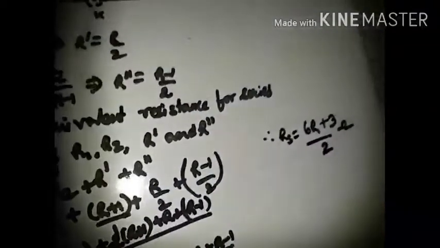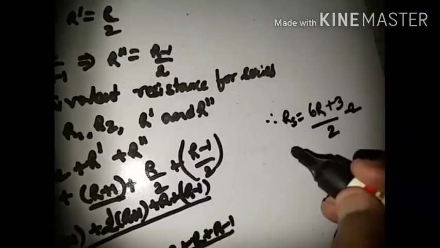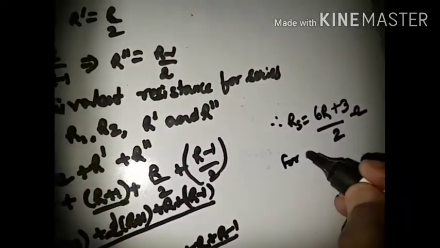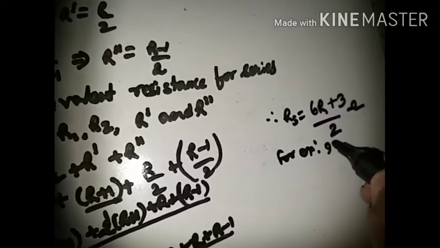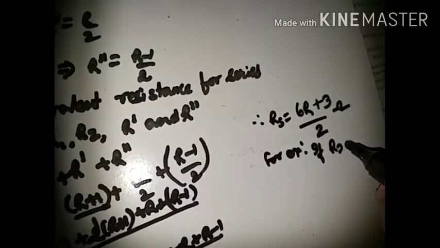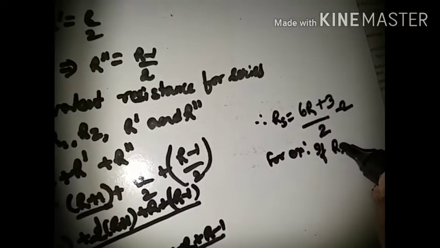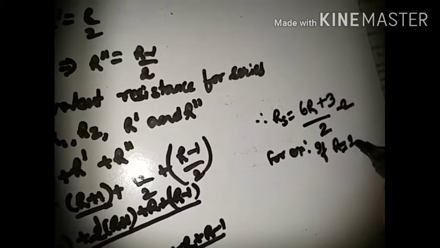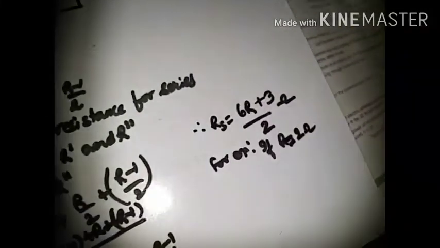So see, even without involving any numerical value, we have been very easily able to solve the equivalent resistance. Now let us take one example. If we substitute a random value for R, let us see what the equivalent resistance turns out to be. Let us put R equal to 2 ohms.